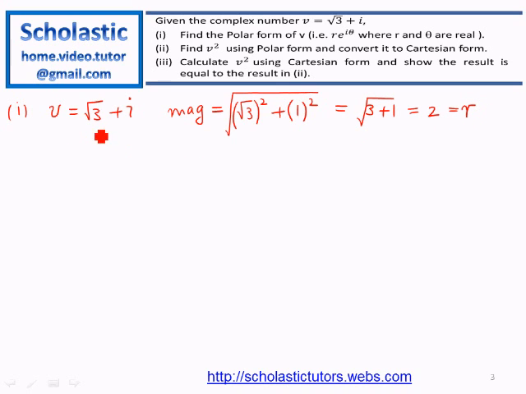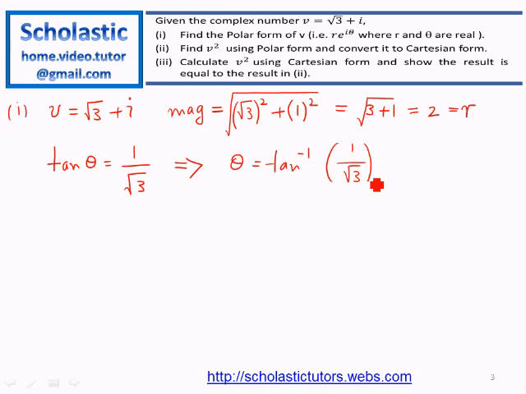And now we need to find theta. Theta is the argument of this. So tan theta is equal to the coefficient of i divided by the real term, root 3. So theta equals tan inverse of 1 over root 3.